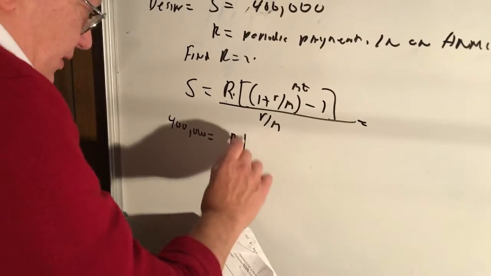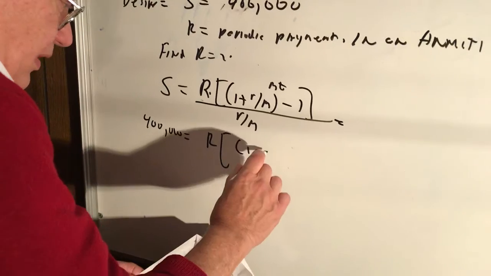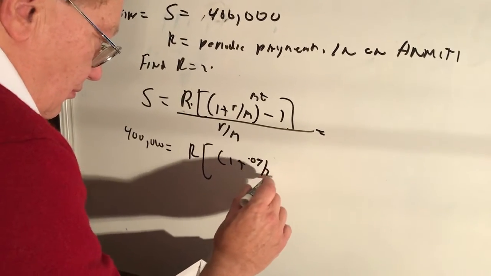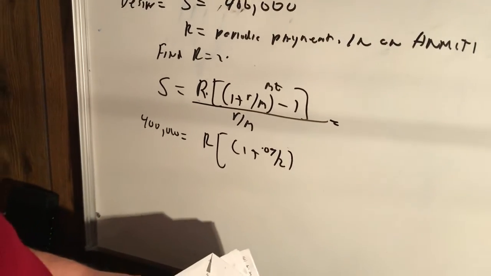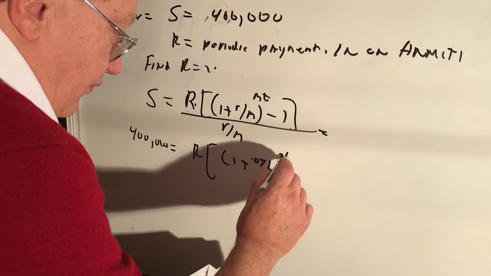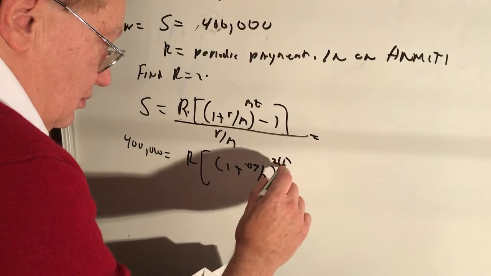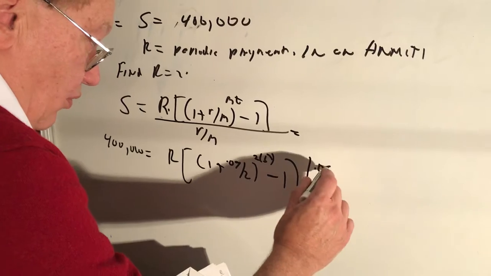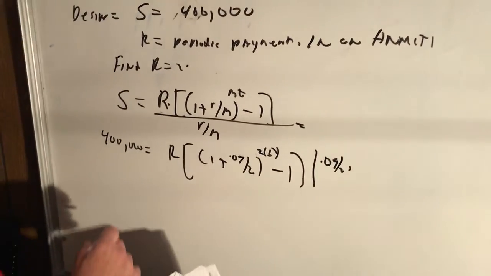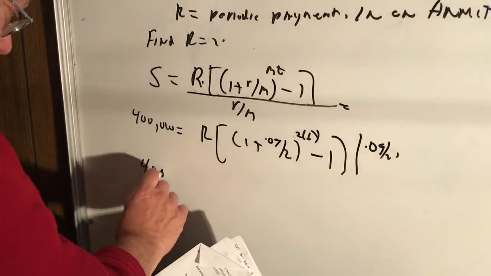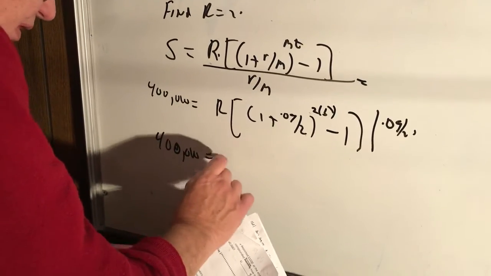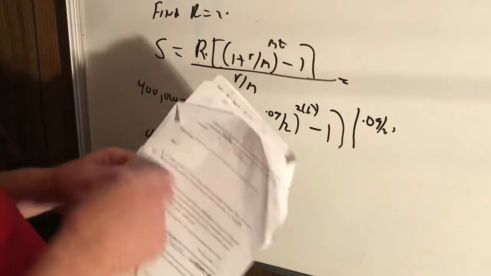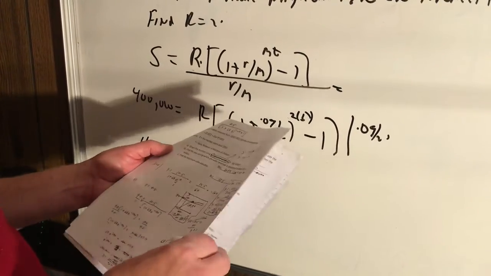R is what I want to find. 1 plus 0.09 over 2. Now it's positive. 2 times 5 minus 1 divided by 0.09 over 2. So once again, 400,000 equals R. And we pretty much have the same basic data.